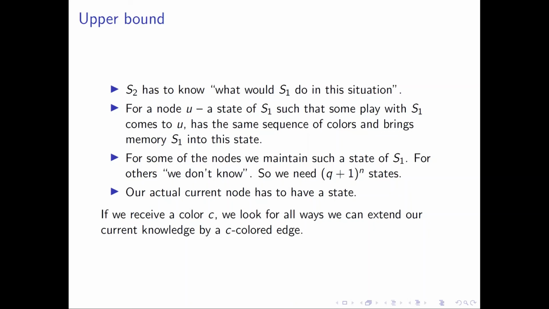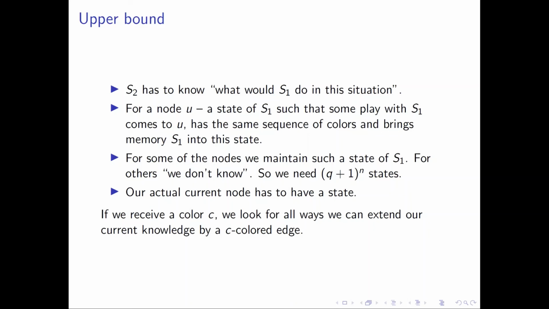And finally, an important moment: after this turn, after all these computations, for some of the nodes there might be more than one option to assign some state of S1 to them. But if you have more than one option, that's okay, you just choose any of the options that you have.